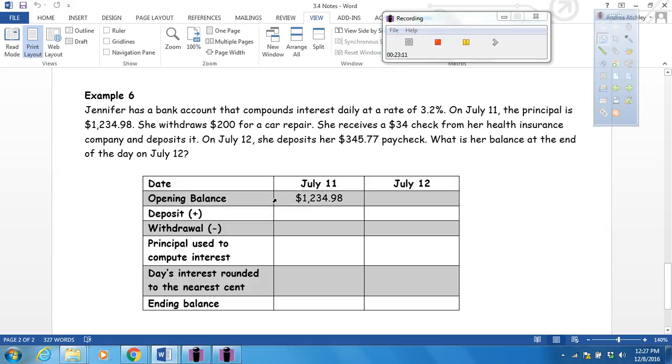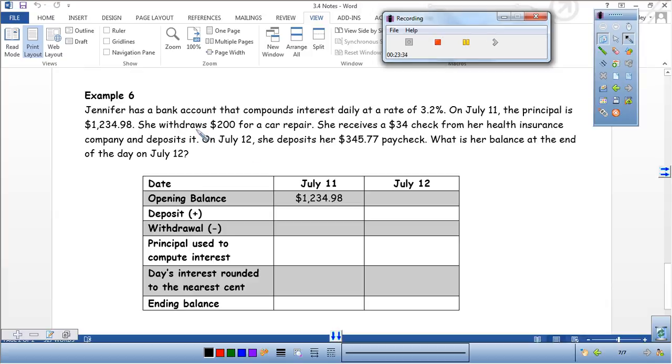So here's our opening balance on July 11th. What did she deposit and what did she withdraw on July 11th? She deposits $34, and she withdraws $200.